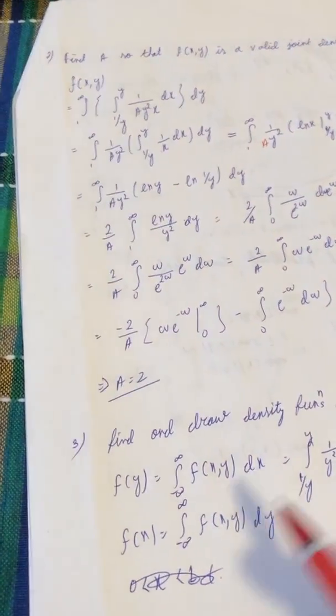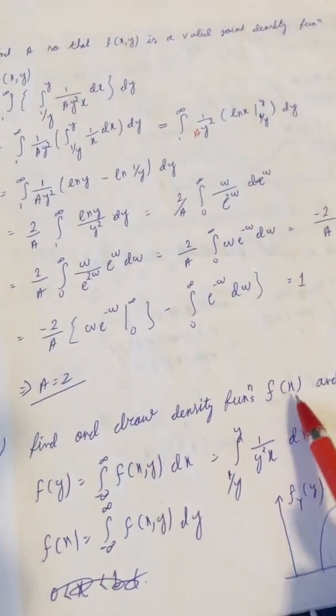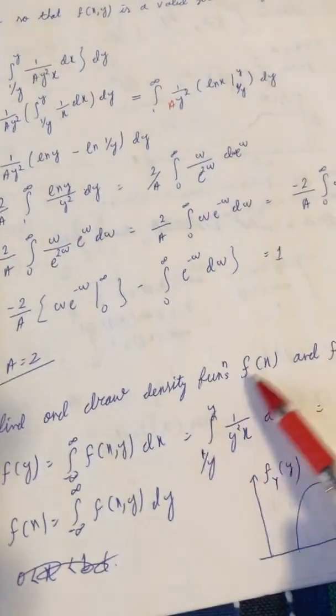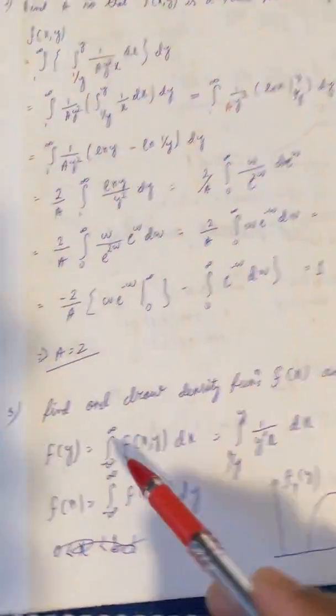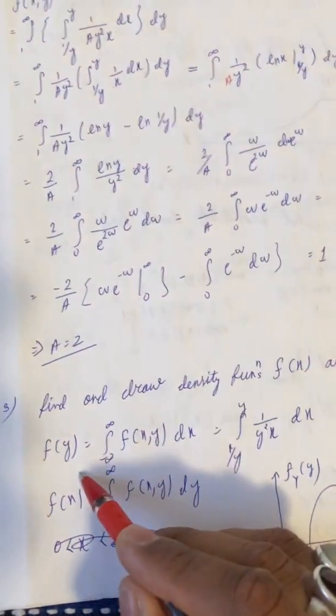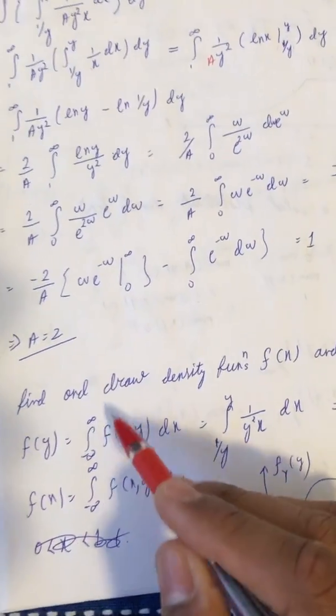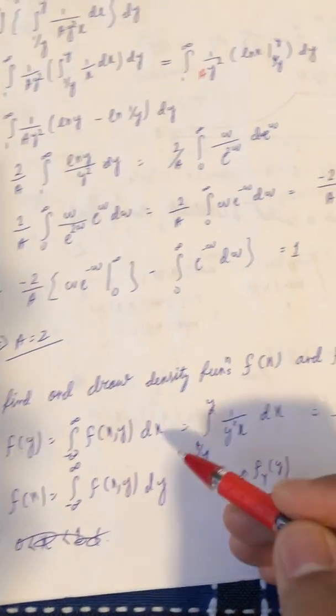we have to find the density functions for f of x and f of y, and draw the marginal density functions for fx and fy. To get the marginal density function for fy, fy is equal to the integral from minus infinity to infinity of the function f of x, y dx.